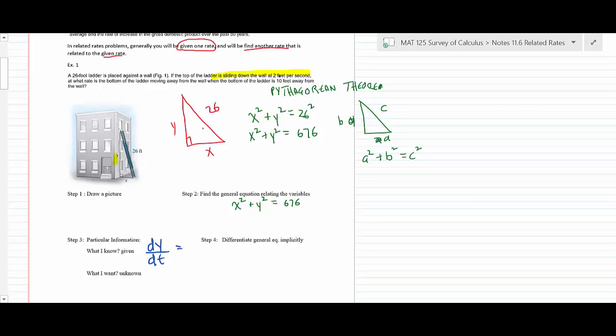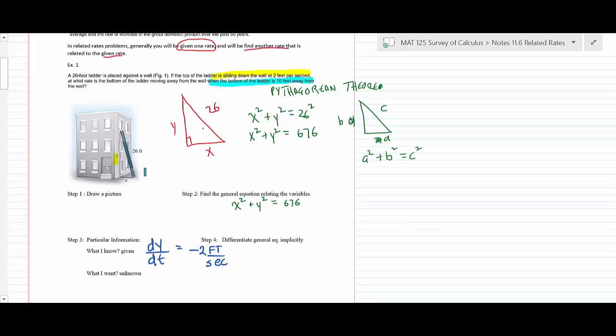But since it's going down, we're going to model that with a negative number. So I'm going to write that as negative 2 feet per second. That's what you're given in the problem. The other thing you're given, there's one other piece of information. It says you're going to find the other rate when the bottom of the ladder is 10 feet from the wall.